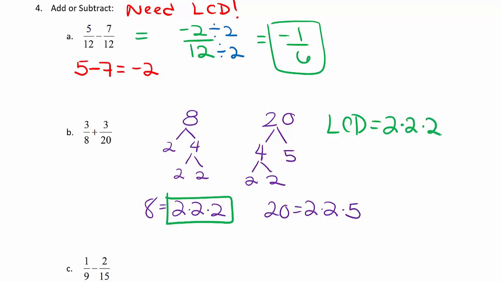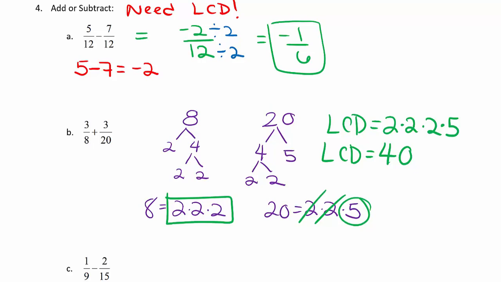And then you move over to the second denominator and you write down any factors that are missing. So I notice I've already written 2 2's down, but I haven't written that 5 down. So I'm going to tack on a 5. And if I multiply these numbers together, 2 times 2 times 2 times 5, I end up getting 40. So my LCD is 40.